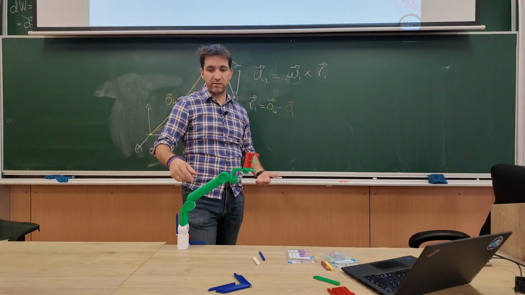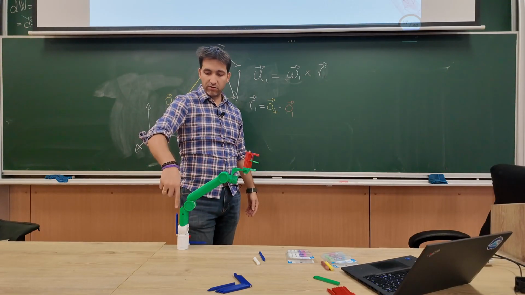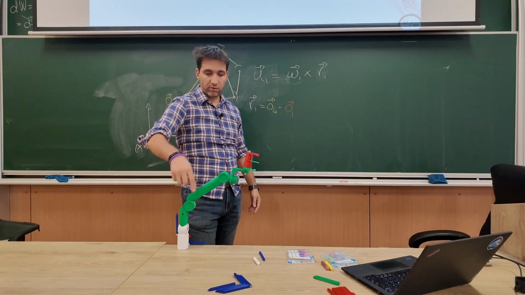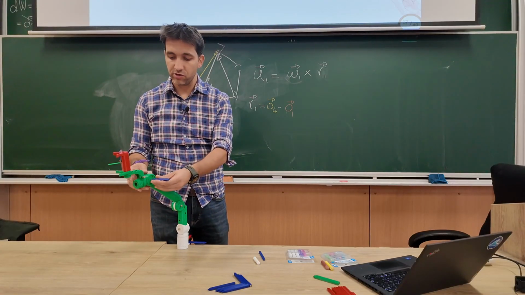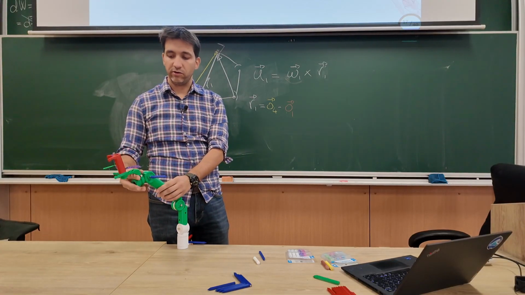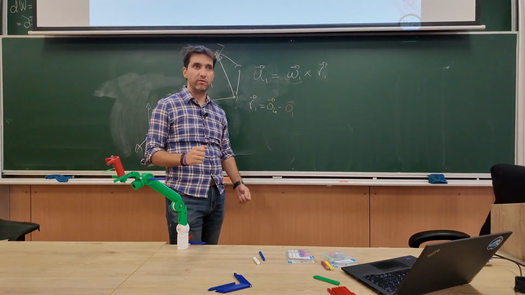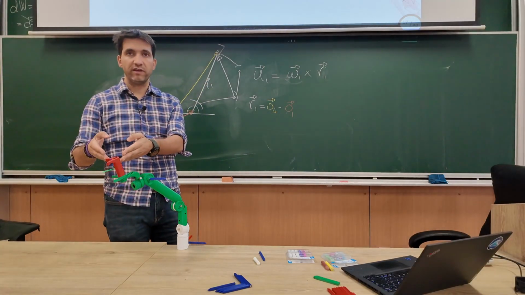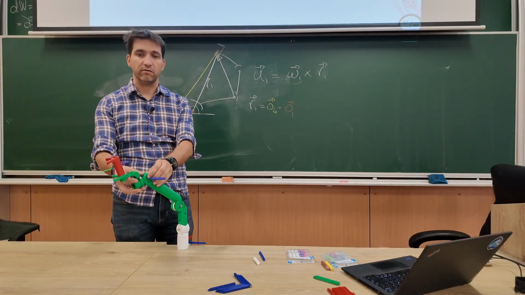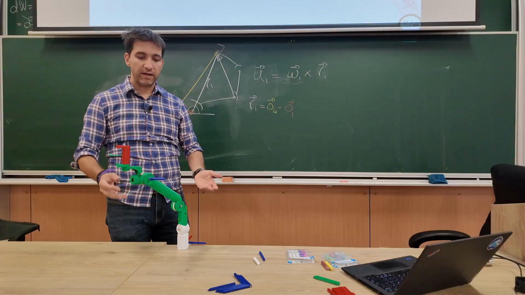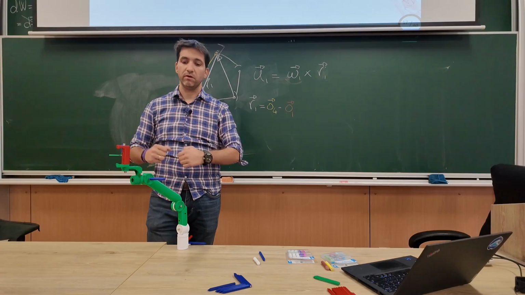So the magnitude is related, and the direction around which it rotates is an axis aligned with this blue one. If I move this joint, it will rotate around an axis aligned with this blue one. So the angular velocity of the end effector is basically the same as the angular velocity of the joint, which is given by the axis of rotation and the magnitude.